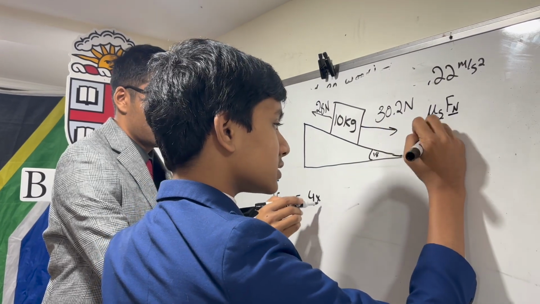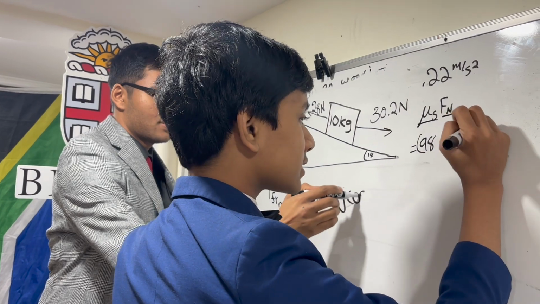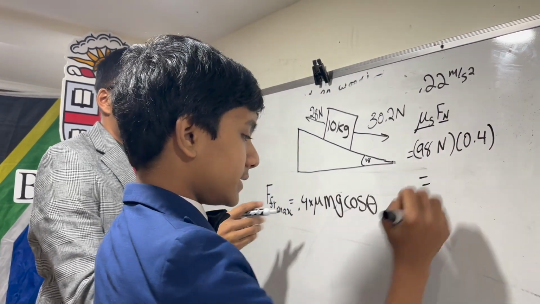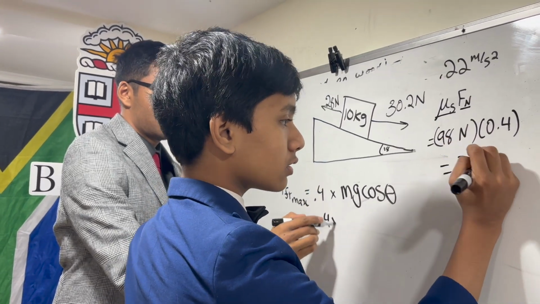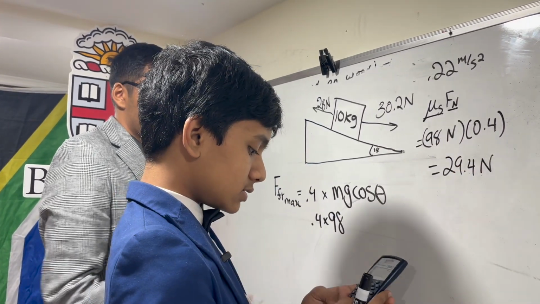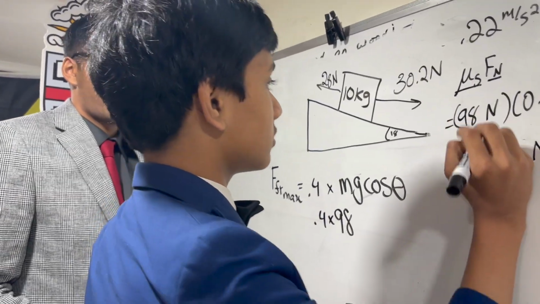The normal force is just 98 newtons, which is 9.8 times 10, and the static friction coefficient is 0.4, which means that it's just going to be 29.4 newtons.